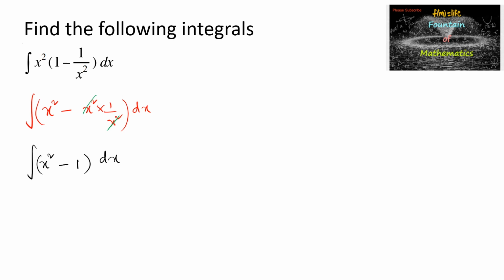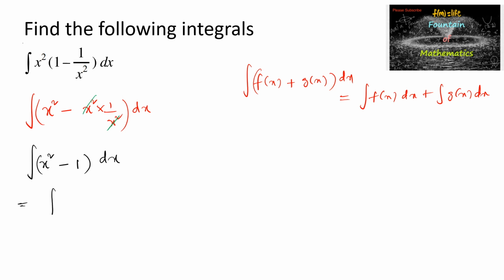By using the properties of integrals, we can write integral f of x plus g of x dx is equal to integral f of x dx plus integral g of x dx. So here we can write integration of x square dx minus integration of 1 dx.